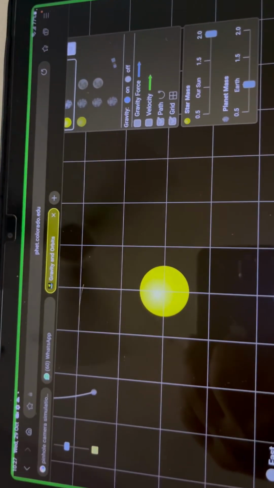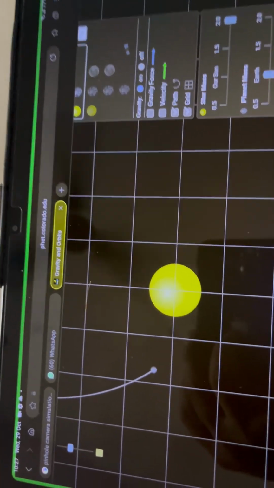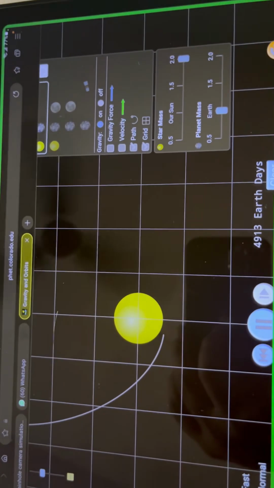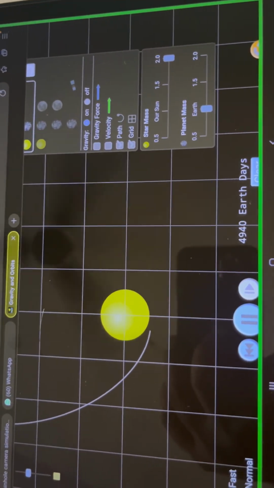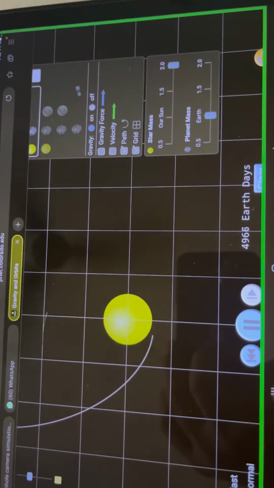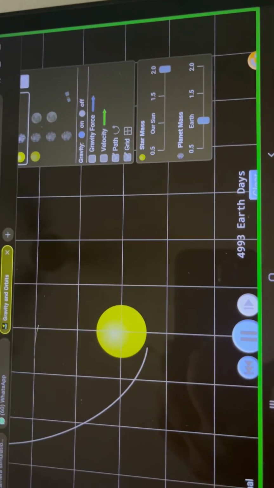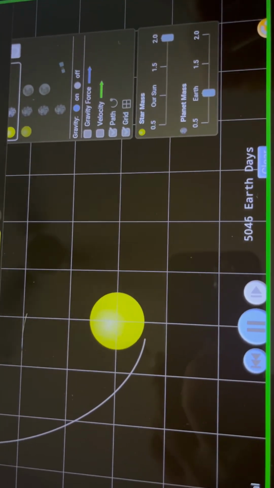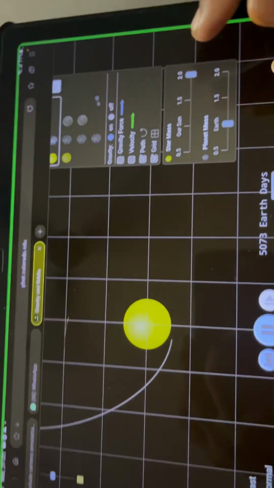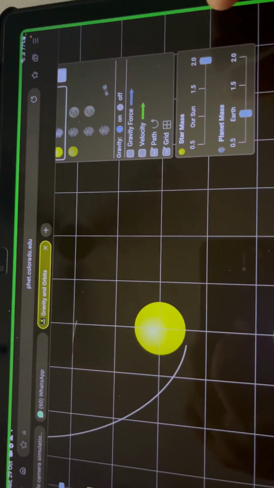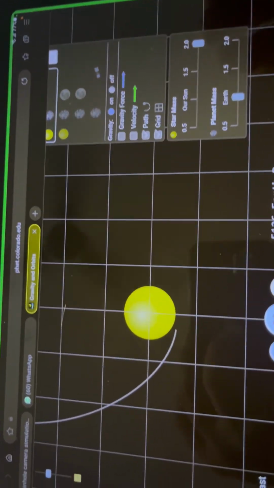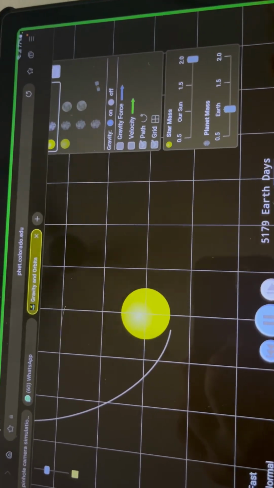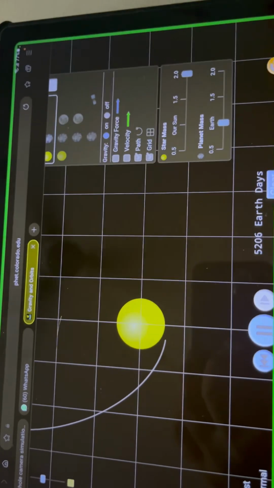Now the moon came back, right? See how it comes and hits the sun, because of the gravitational experience. See how the paths are distorted. If there is any disturbance in the gravitation, it behaves like that.